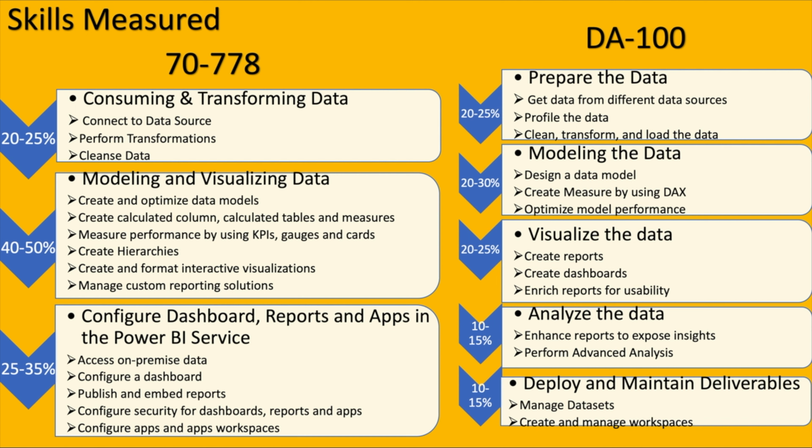The very first is consuming and transforming the data. The second is modeling and visualizing the data, and the third is configuring dashboards, reports, and apps in the Power BI service. However, the DA-100 exam is divided into 5 different parts, and each section has its own weightage.